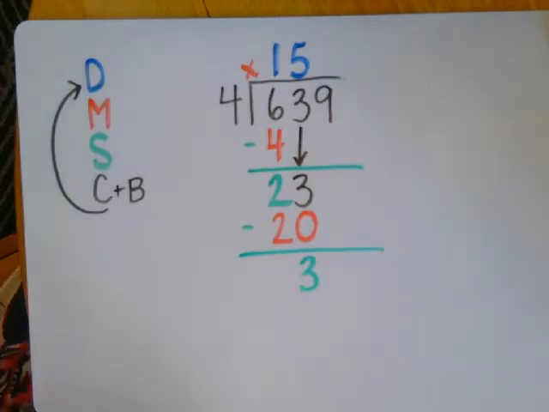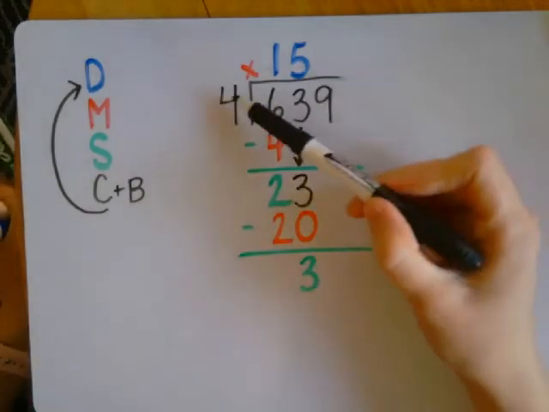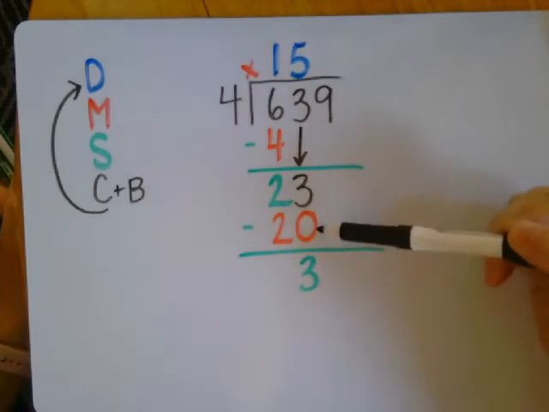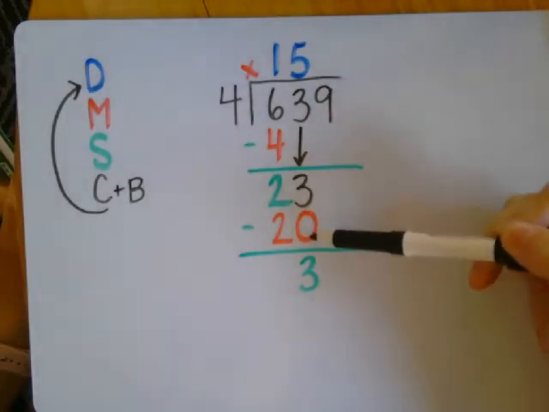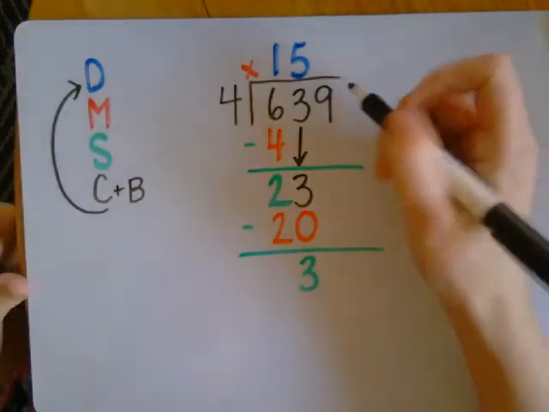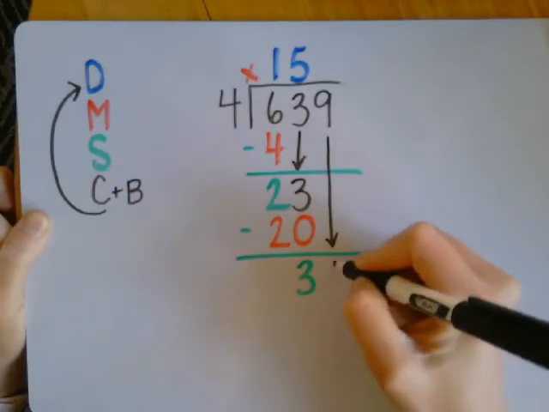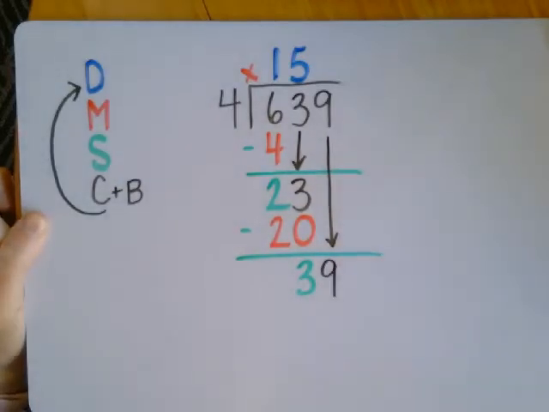And then I need to check my work and bring down the next number. So if I go back to the top, 4 times 5 is 20. 23 minus 20 is 3. So I need to bring down that next number, which is a 9. And start over again.